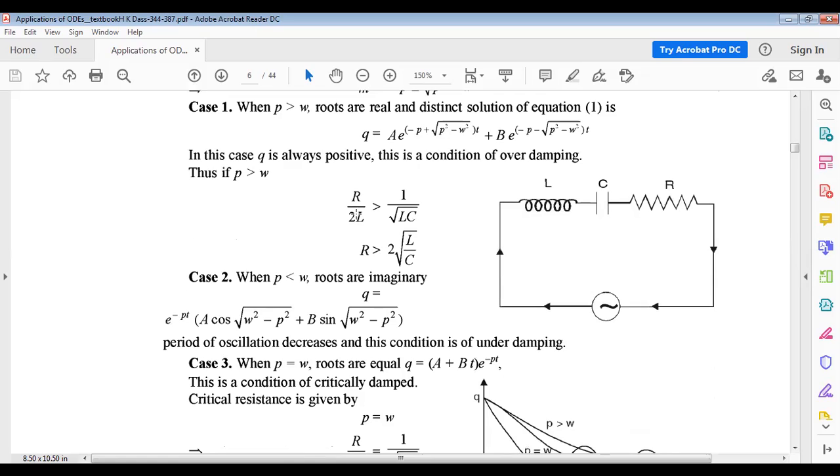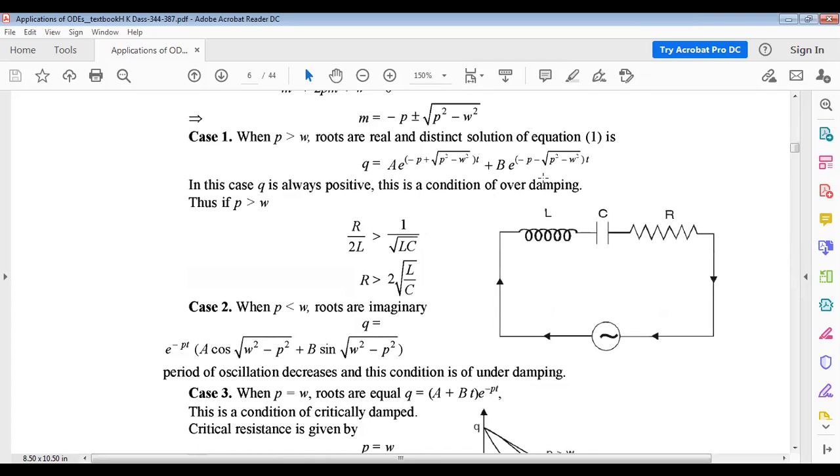So p greater than omega means R by twice L is greater than 1 by root over LC. So multiplying twice L on both sides, we get R greater than 2 times root over L by C. Understand? This is the condition. If the resistance is greater than this value, then the condition will be over damping.